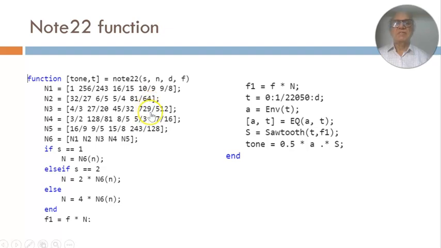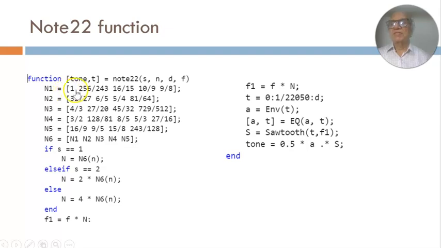But the main difference between the note 22 function and the previous functions that we have studied is in the calculation of this capital N. There we had a formula available, so we could calculate by using 2 raised to n by 12. Now the ratio is not constant and we do not have a formula available, so we use the lookup table method.